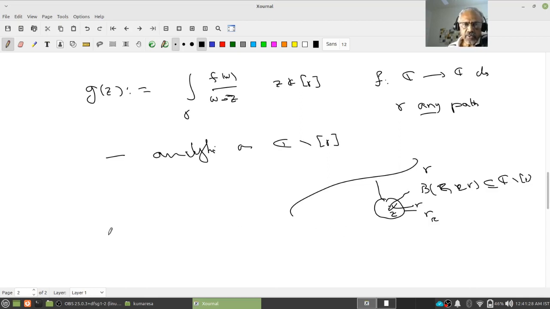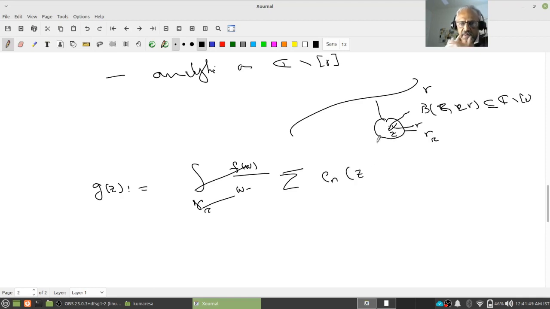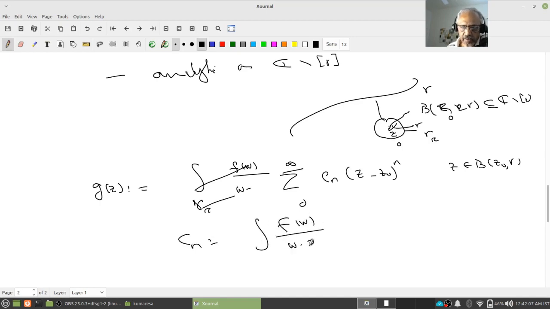On this we had an expression for g of z, which is the sum of c_n times (z minus z naught) to the power n, n from 0 to infinity, for z in B(z naught, r), where c_n's are given by the integral over gamma_r of f of w by (w minus z naught) to the power n plus 1, dw.